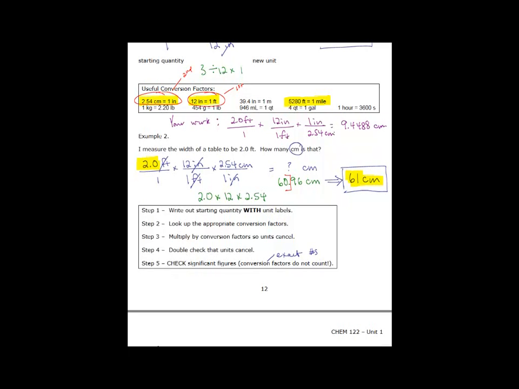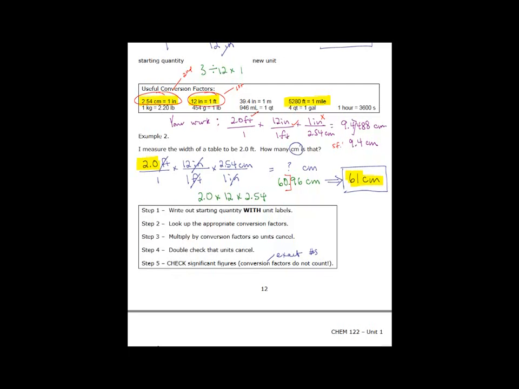And this is what you came up with for your answer. So what happened in your work, you wrote out your starting quantity correctly, you used the correct conversion factors, you just flipped one of them. And let's say you eventually adjusted everything to 9.4 centimeters. So you have the correct number of significant figures.